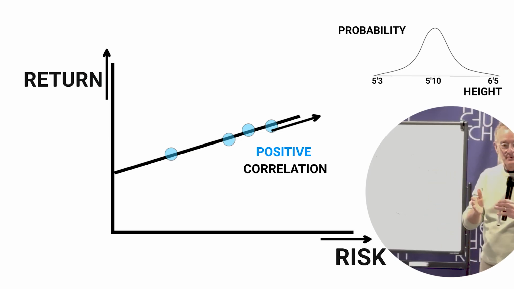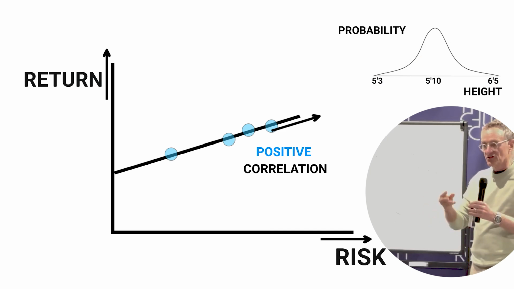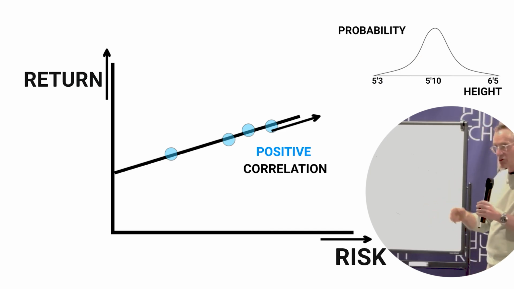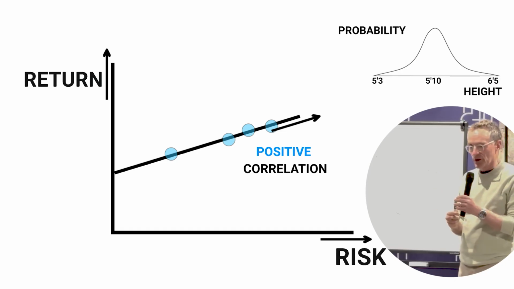Most of them fell close to the middle, a few of them a little further away, and once in a while one out here. And that's how life works, and that's how many things are distributed. Not everything, but this is a bell-shaped curve, and there's even something called the normal distribution, which is a special case of the bell-shaped curve with certain statistical properties, but it defines how many things work.